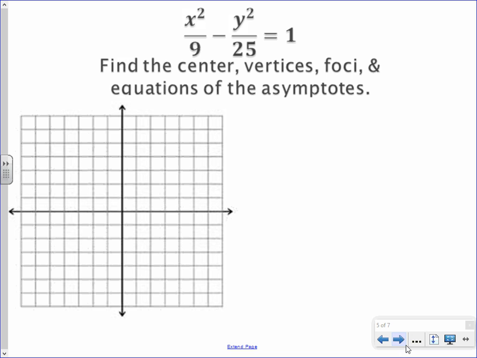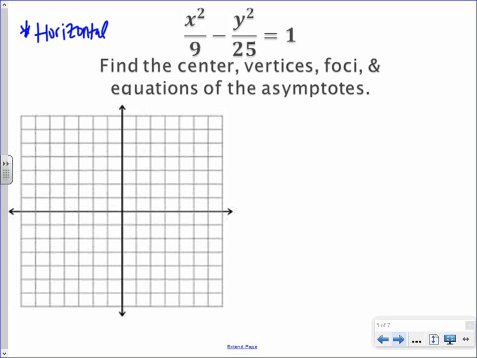Turn to your neighbor again. All right, pod 4, what do you think back there? Oh, pod 3, Amy. Horizontal, and we know that because? Okay, the x squared is the positive one, so this is going to be a horizontal hyperbola.